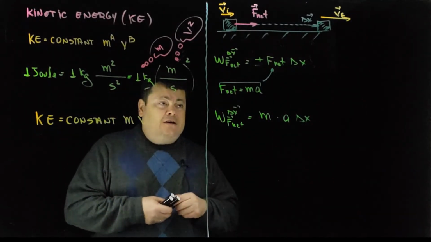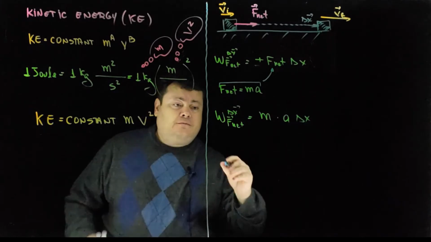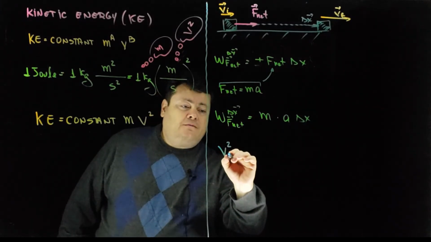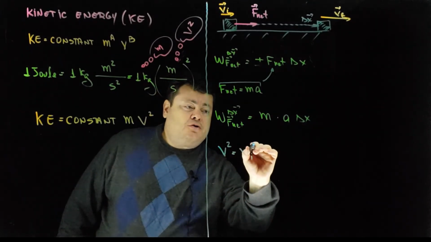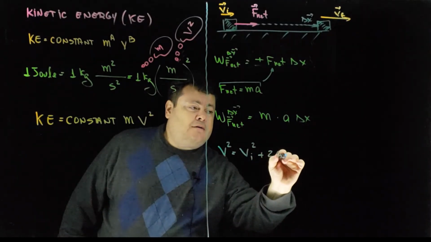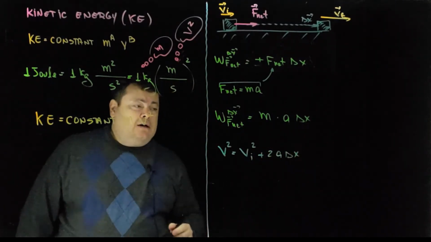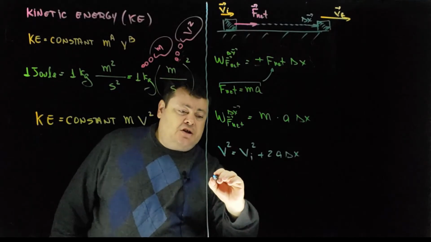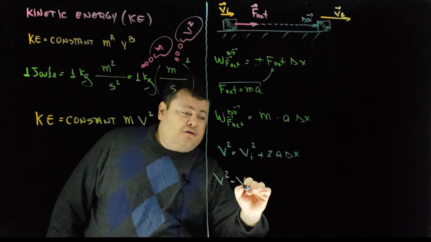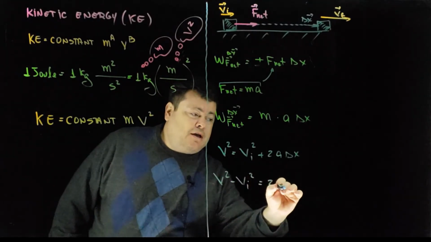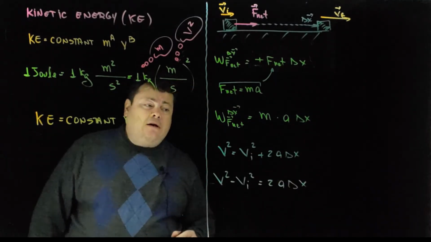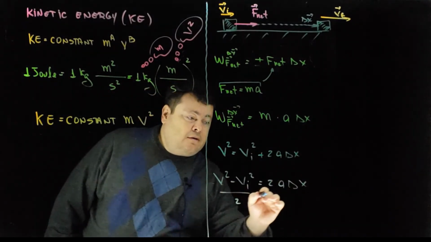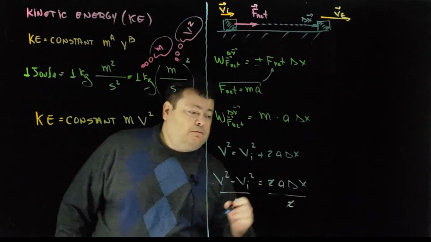That's exactly right. If we go through Torricelli's equation, v squared equals v initial squared plus 2a delta x. And then I subtract v initial squared from both sides. So v squared minus v initial squared equals 2a delta x. And I divide both sides by 2.